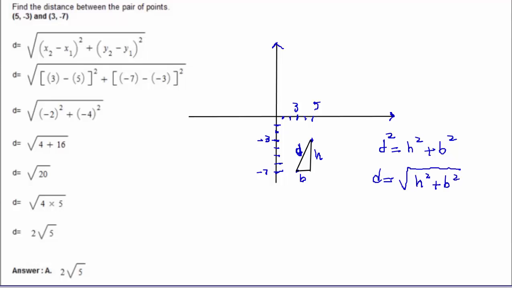And that's where this formula comes from here. You see, h, or the height, would be the difference of y2 minus y1. H is really y2 minus y1. And the base here would be x2 minus x1. This is the difference of the base here and the difference of the y here.